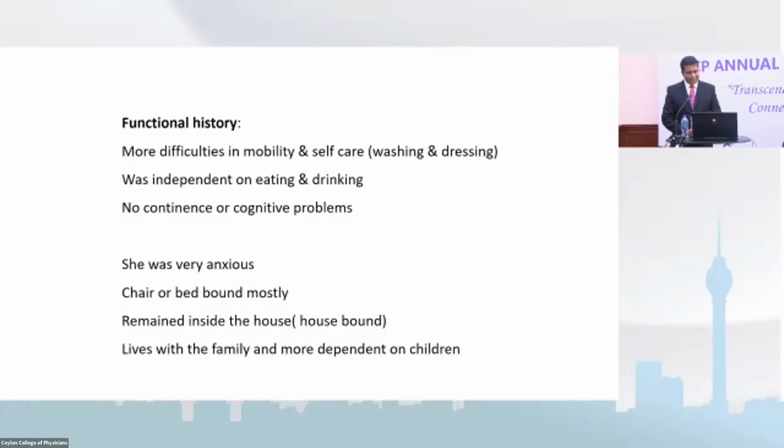She was very anxious because an elderly person falling several times is worried about injuries, and that prevents her mobility. She's mostly chair-bound and bed-bound, remaining inside the house, a bit socially handicapped, though she lived with the family, and she is more dependent on her children, her daughter and the grandchildren.